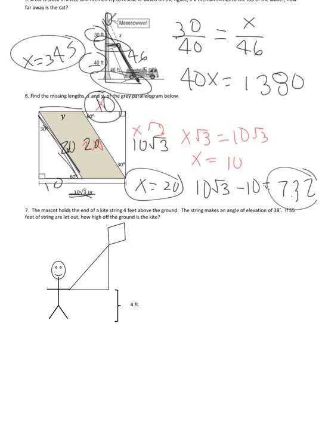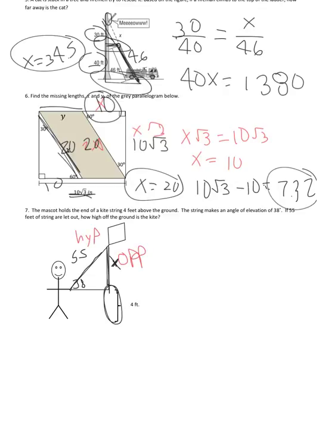So an angle of elevation of 38 degrees right here. This, of course, is the kite string, which is 55 feet. How high off the ground is the kite? So it's that problem again where the triangle you can clearly see is made above the ground. And when we find x, we're only going to find that, and we need to remember to add this extra 4 feet in. So let's set this up. From the 38, that's opposite.